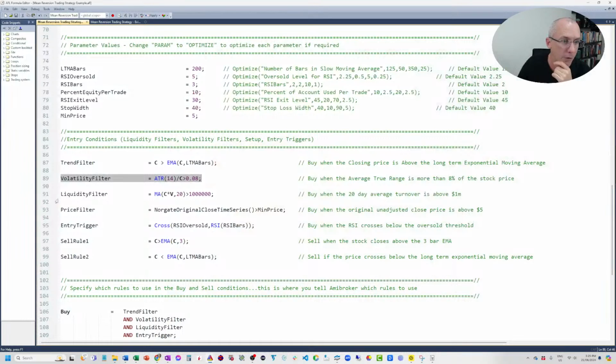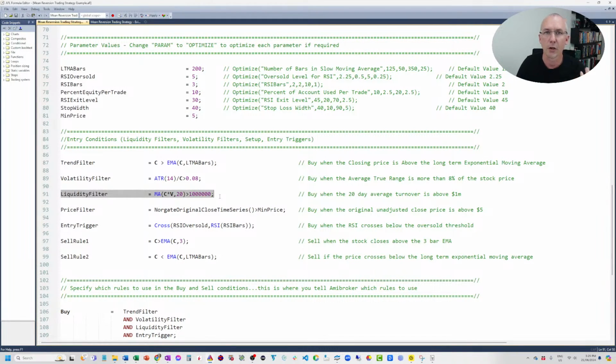And the reason for that is that volatile stocks tend to perform better when it comes to mean reversion systems, because when they move a greater distance, they've got a better chance of overcoming slippage and commission because the bouncing from one day to the next is much higher. We've got a liquidity filter.